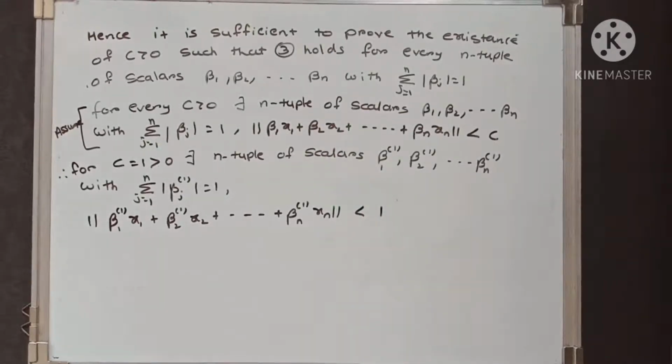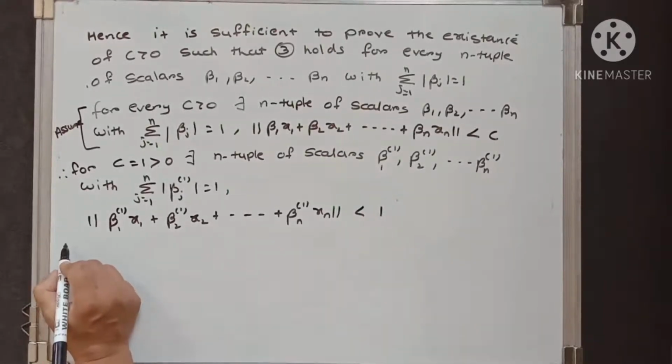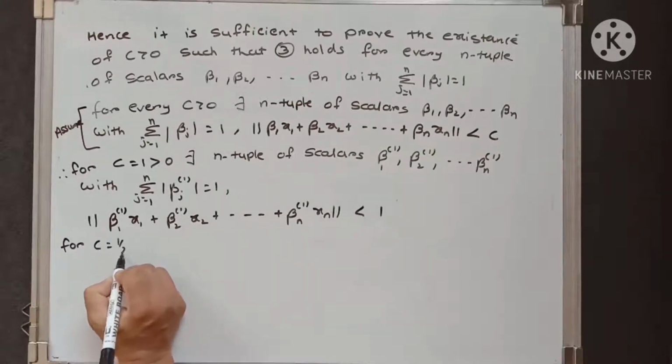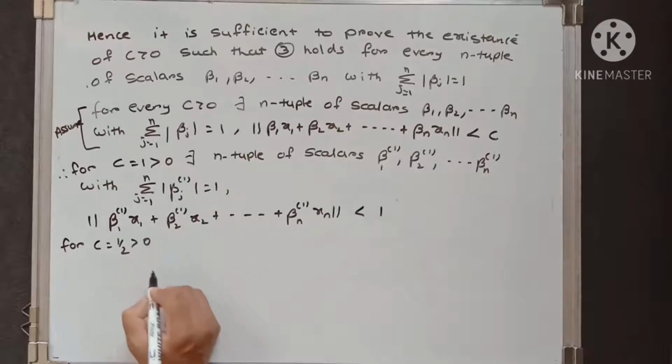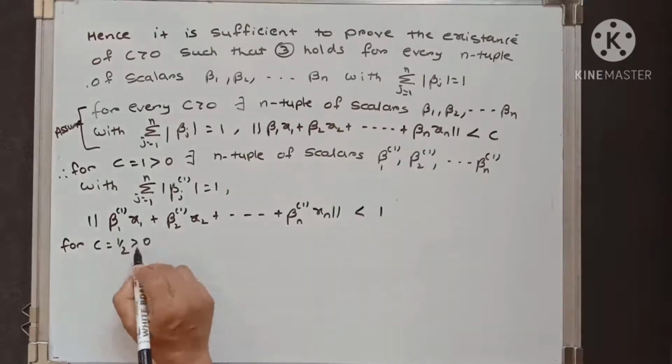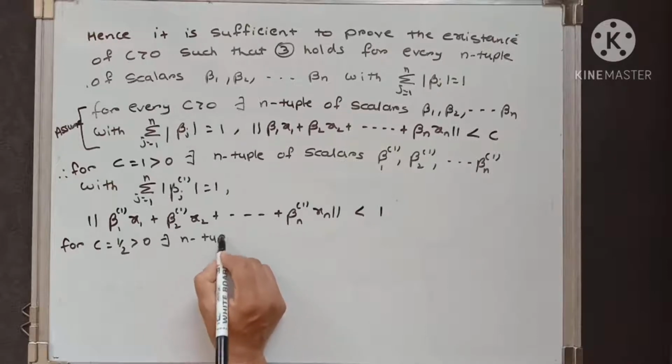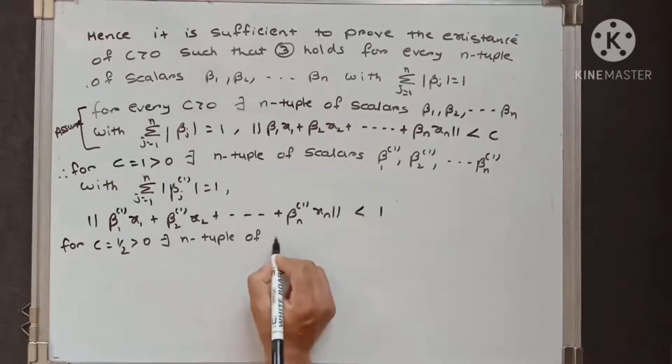Now again we take the value of c equal to half. It is again greater than 0, and therefore for this value there exists an n tuple of scalars.